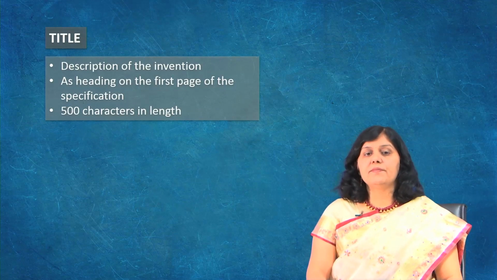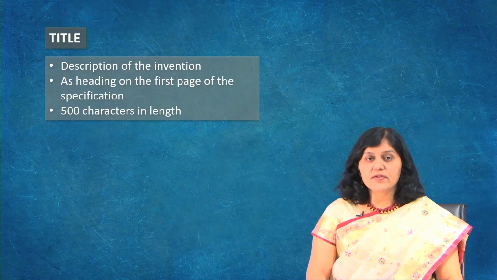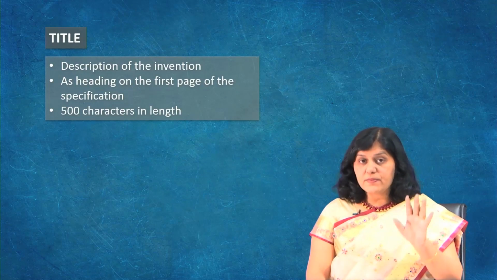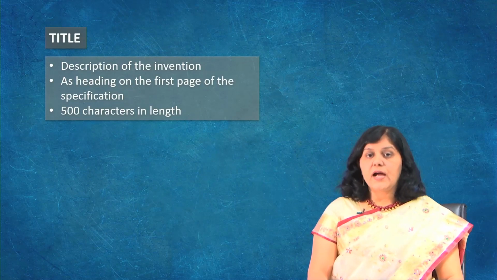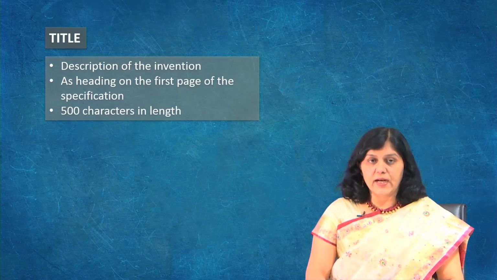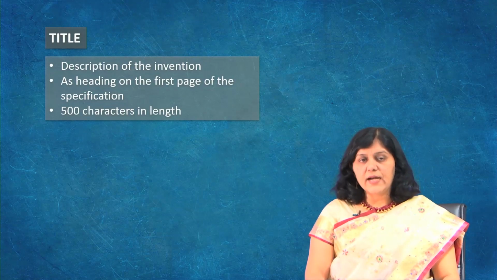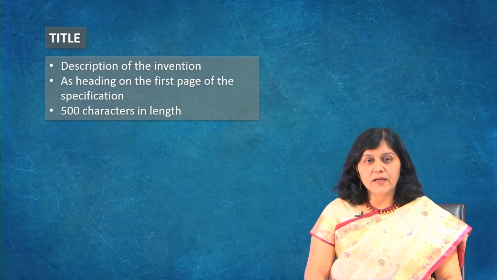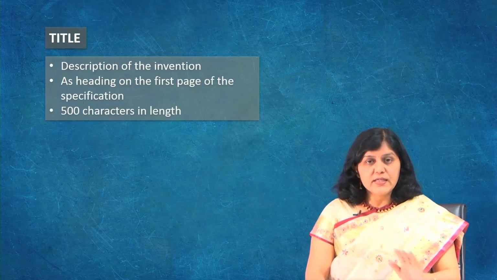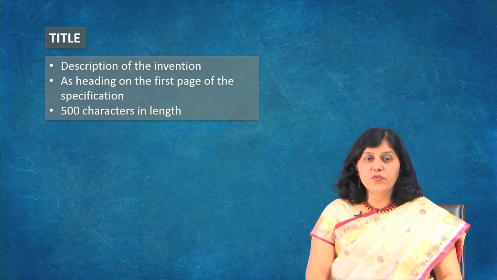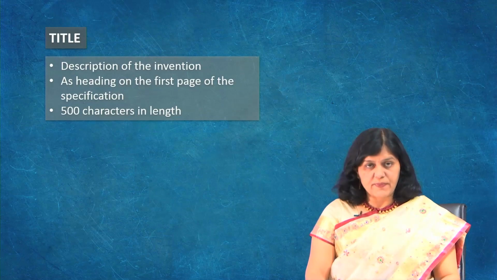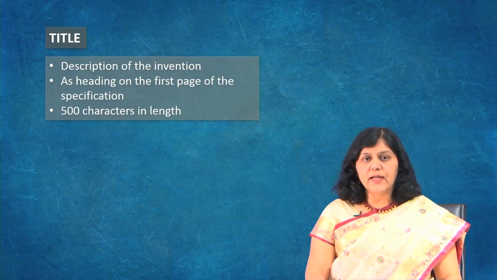We have just seen the example. So, this is the heading on the first page of the document. It must be short and specific, and the length may be 500 characters. So, those guidelines are given. It is expected to be easily searchable by using a few keywords. So, that is the expectation. So, this is about the title.